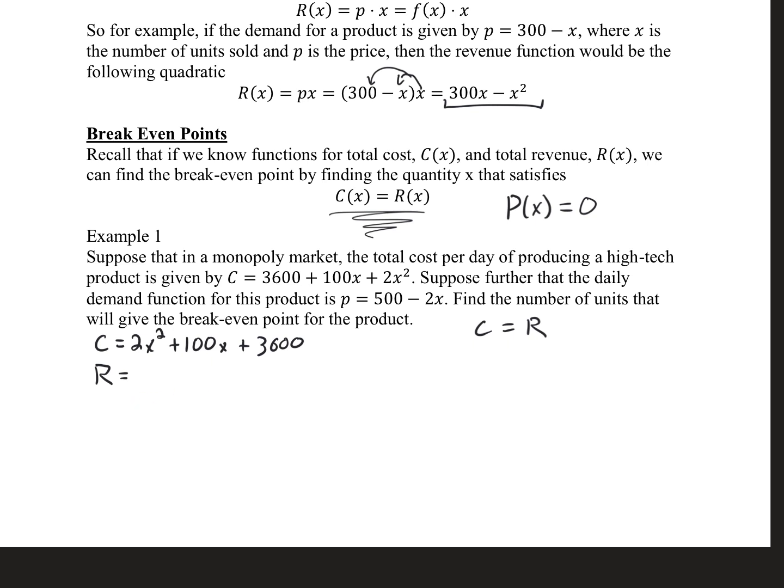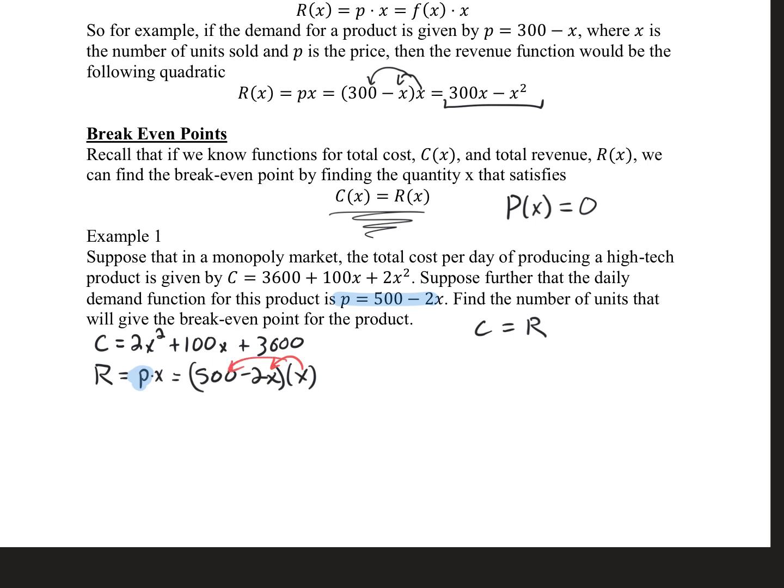So I'll copy down that format. It's going to be equal to p times x, but in this example, we know that our price is actually this, so we'll substitute that in for p. This is 500 minus 2x. And then that's going to be multiplied by x. Like we did before, if we would like, we can distribute that x into parentheses.